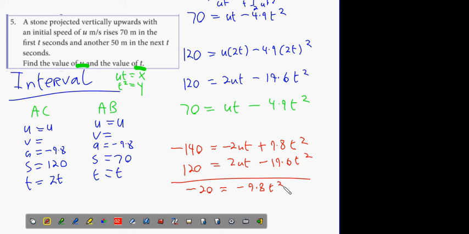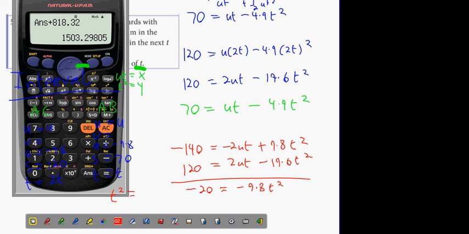20 divided by 9.8. Then square root it. Basically t squared is going to equal 20 divided by 9.8.